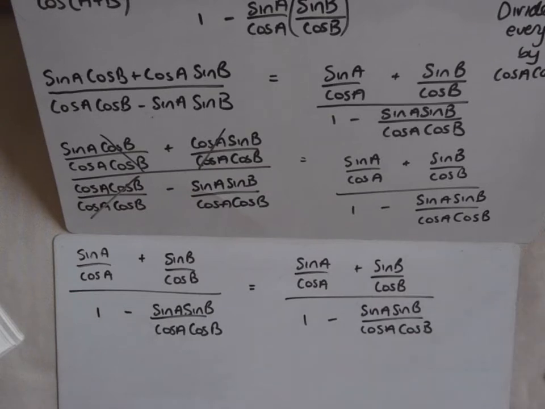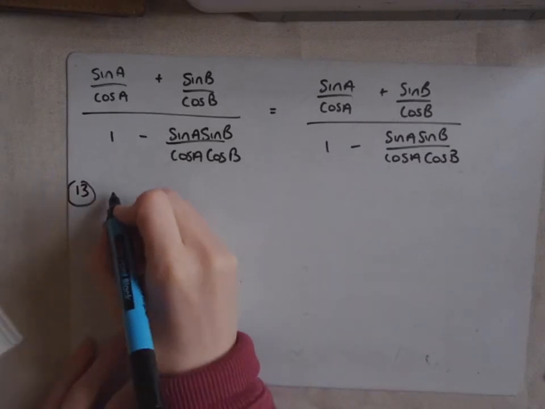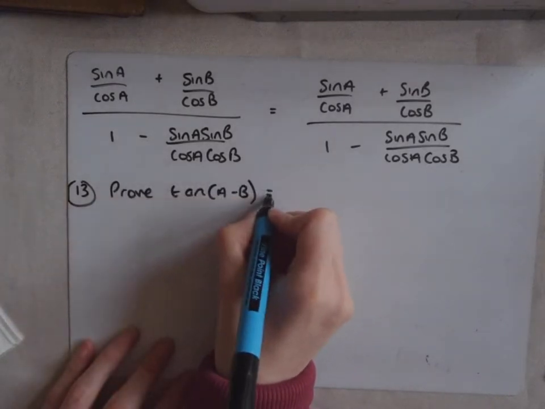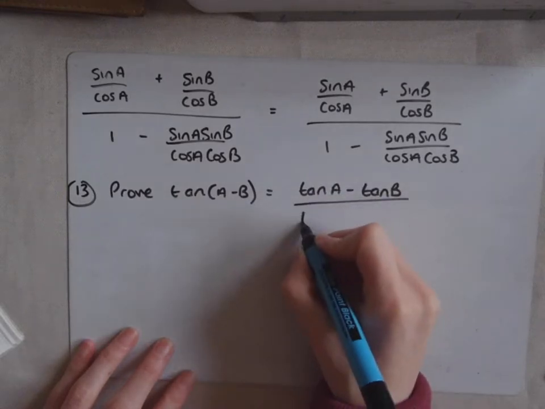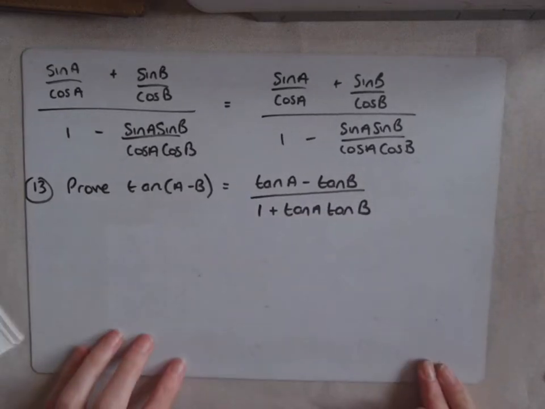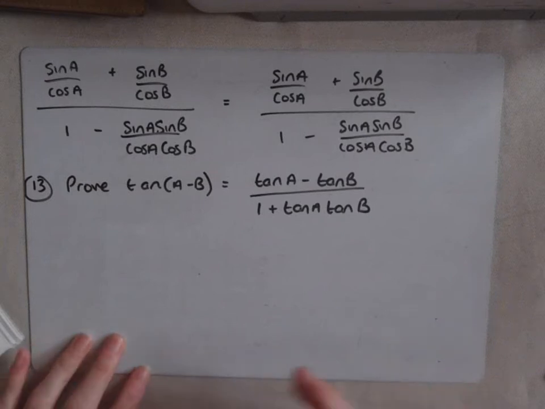We'll just do 13 next. Okay, so number 13 then, not mandatory, it's just you're using, okay? So now we've tan of A minus B, and we're just using our answer from above, okay?